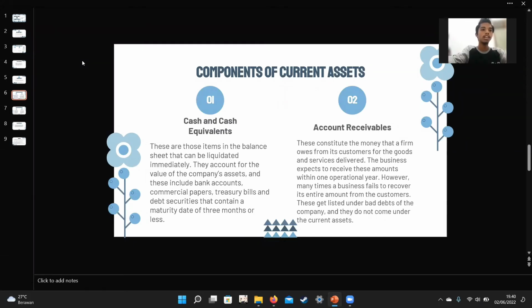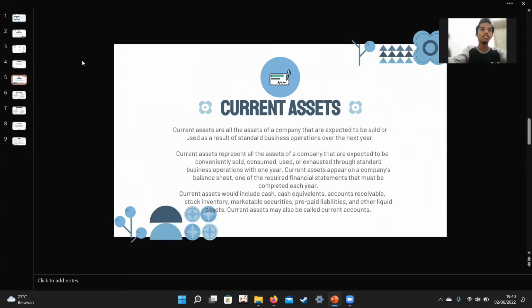Current assets are all the assets of a company that are expected to be sold or used as a result of standard business operations over the next year. Current assets represent all the assets expected to be conveniently sold, consumed, used, or exhausted through standard business operations within one year.